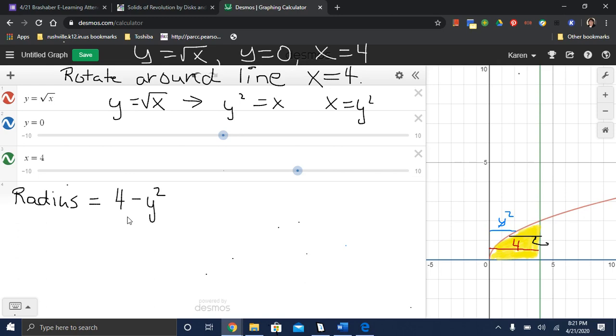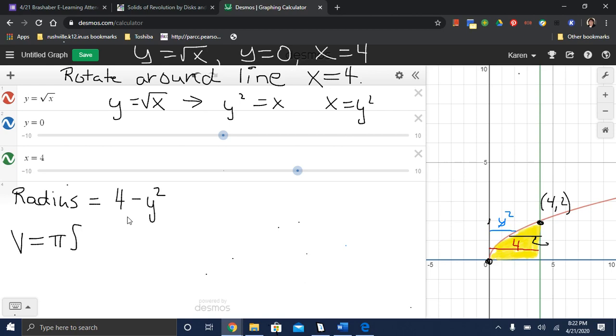So now you're going to do the volume, which is pi times the integral. Now, again, you're doing the y values. But we have 0, 0 here, and then this point is the point 4, 2, and that's the highest y value that we get.